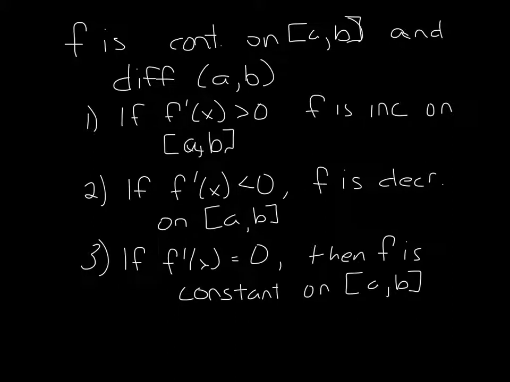All right, so we're going to use this theorem to help us determine intervals that a function is increasing and decreasing. Where can a function change from increasing to decreasing? Hunter? Okay, when the derivative changes from 0, right?